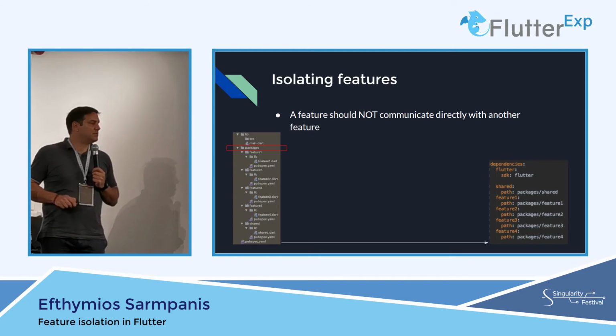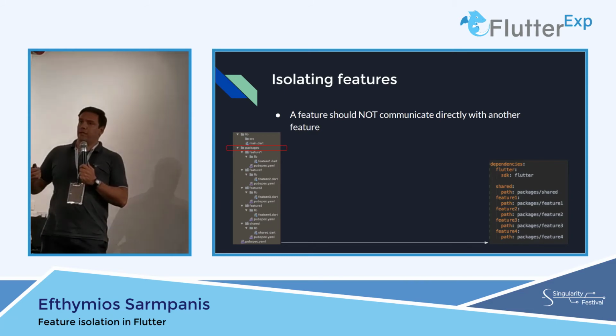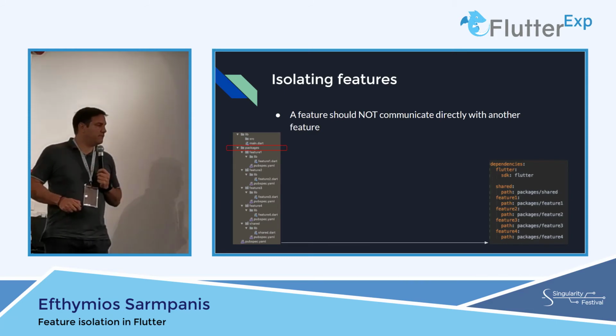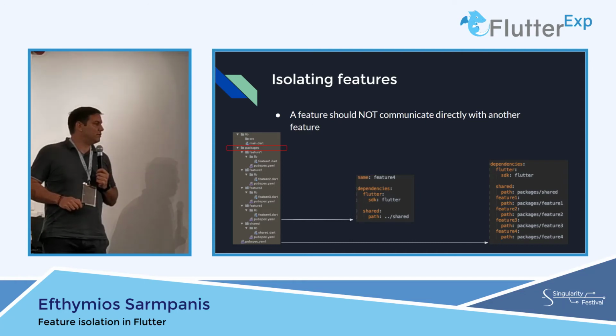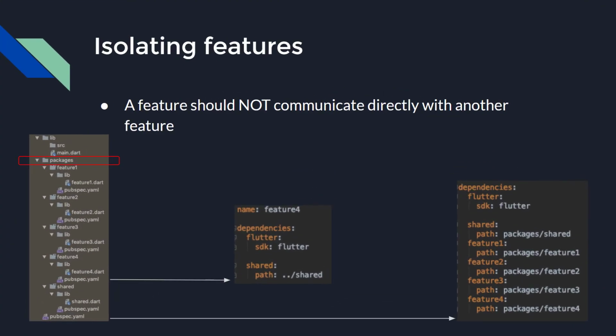It has dependencies to all of the features that are now libraries and not packages, so that it can compose the application. It needs to know every single one of the features. And this is just a part of a feature pubspec.yaml. It needs to depend on the shared library, because in the shared library we have all the common code.